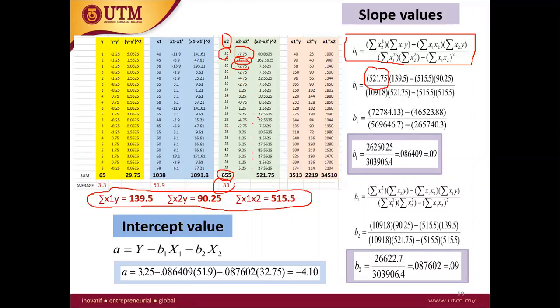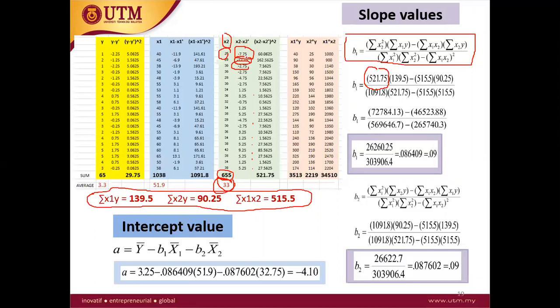Okay. Then we calculate the square of S2 minus S2 average. This is the average value. S2 25 minus S2 average 33, you get negative 7.75.